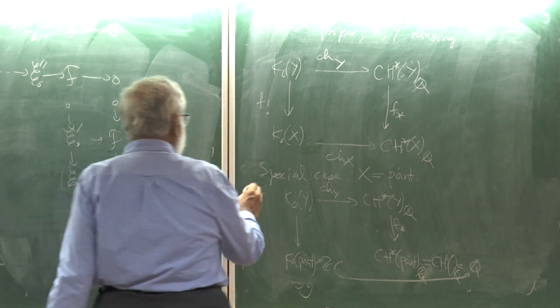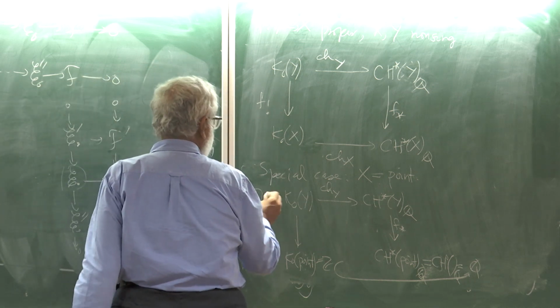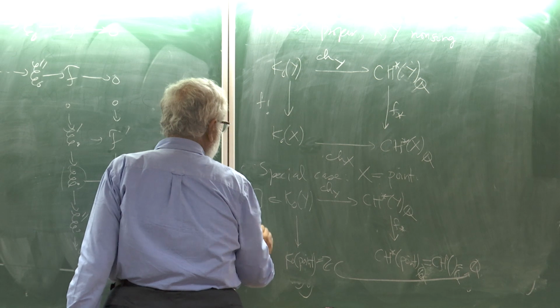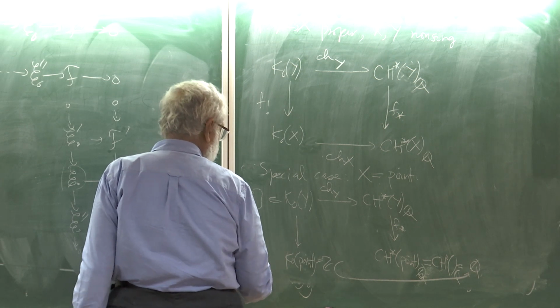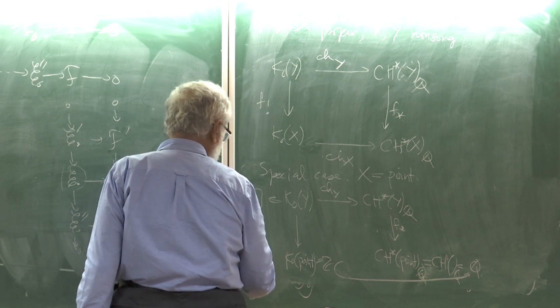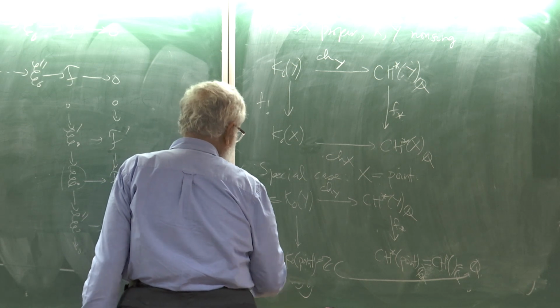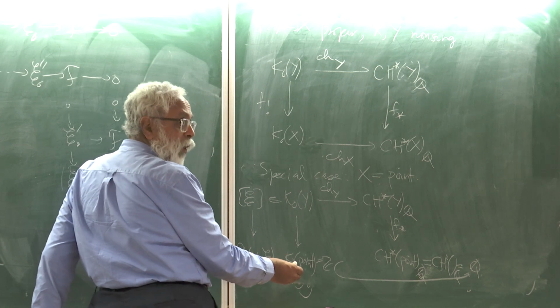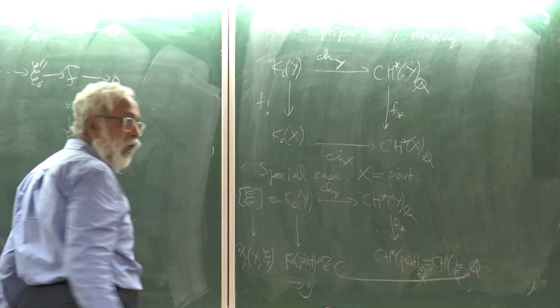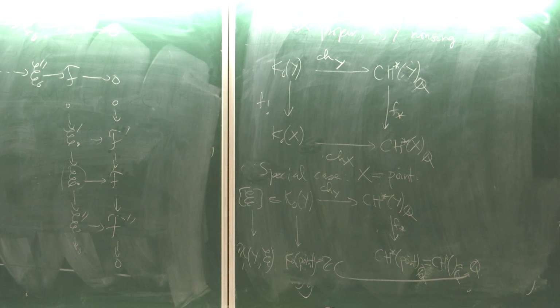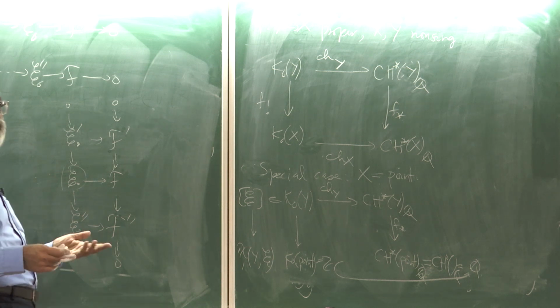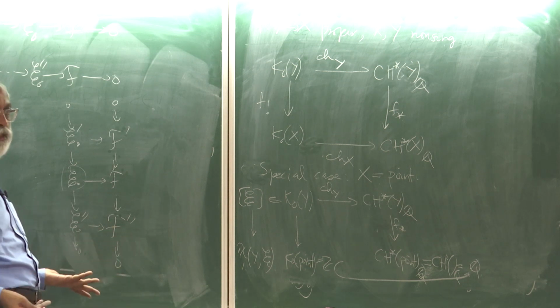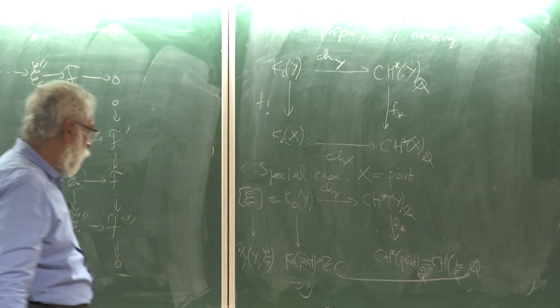And here, if I took the class of a vector bundle E, or a coherent sheaf in general, this would map to the Euler characteristic of E on Y, considered as an element in K0 of a point, but K0 of a point is the integers, so it's just the underlying integer. Right? The identification of K0 of a point with the integers sends a virtual vector space to its dimension, which could be an integer.